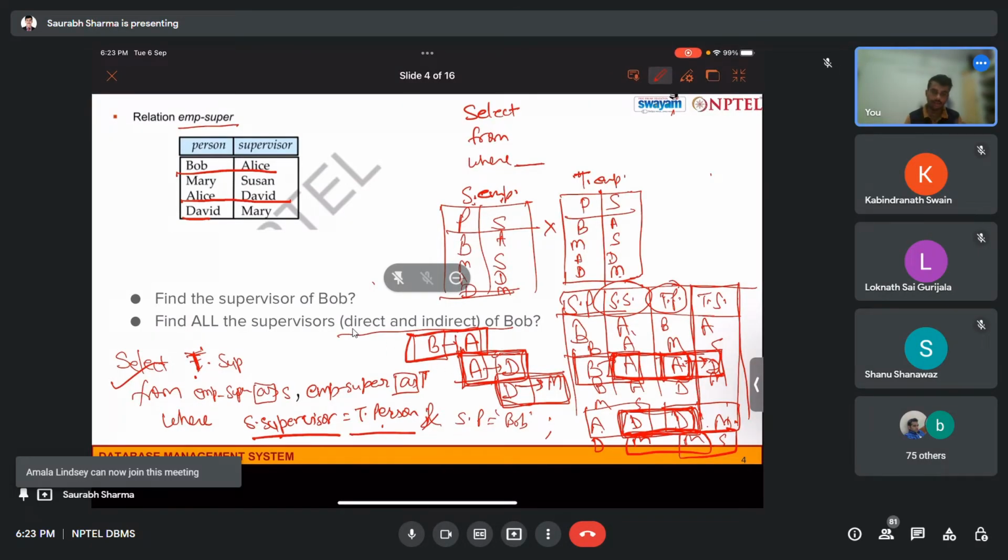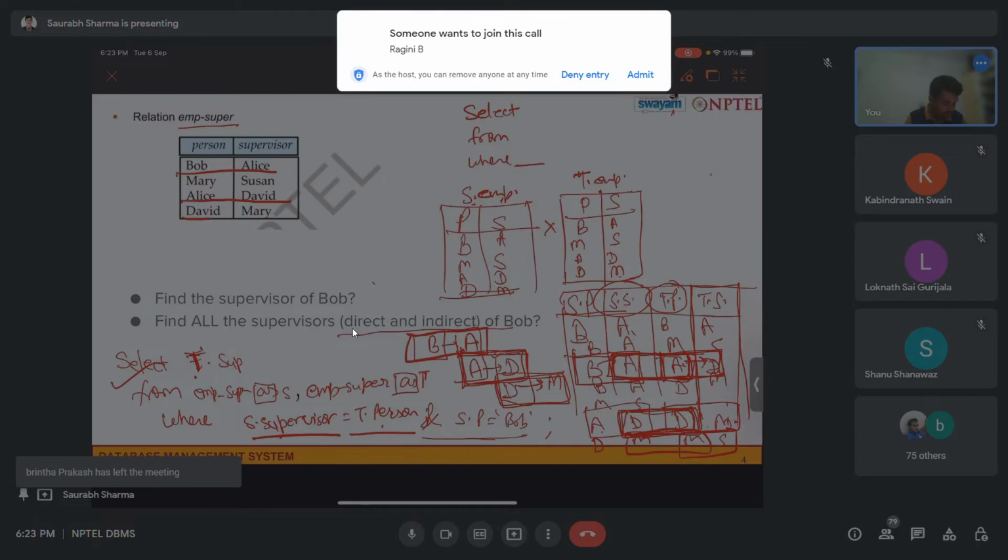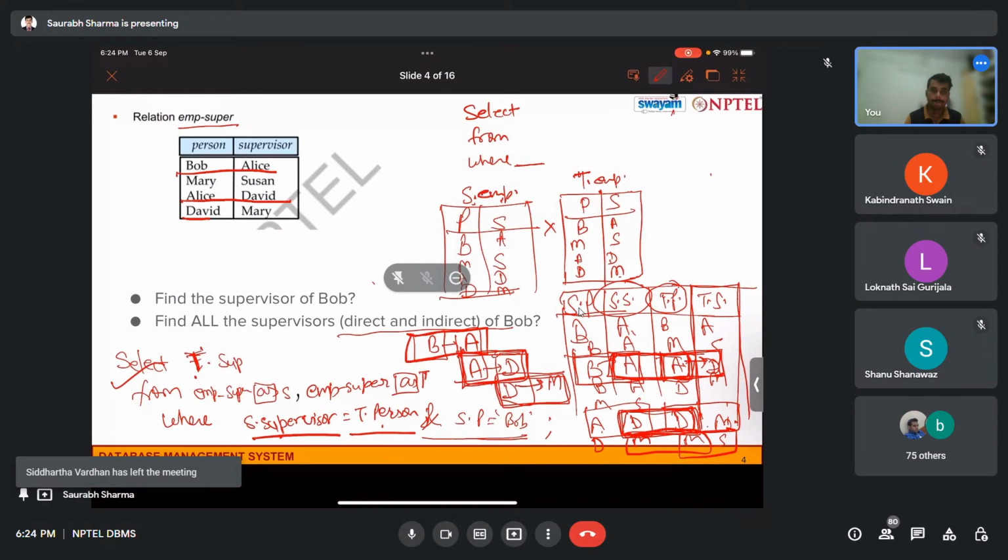Just comment on it. Will it be right or should it be excluded? I think without it we can also get the same, so it can be neglected, no problem.